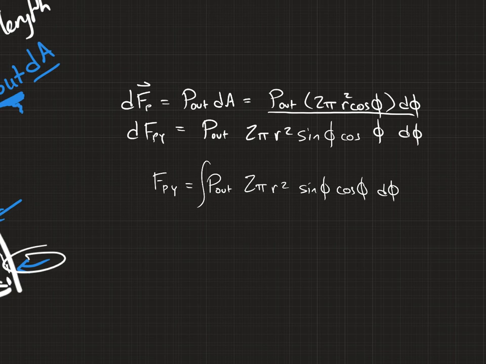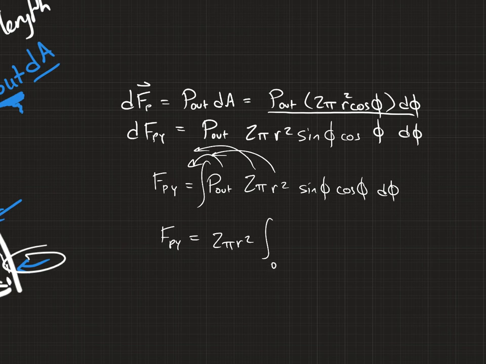So taking this integral is actually not all that difficult. We're going to pull out the P out, pull out the 2 pi, and pull out the r squared since r is a constant. So we're going to end up with 2 pi r squared times the integral of sine phi cosine phi d phi.